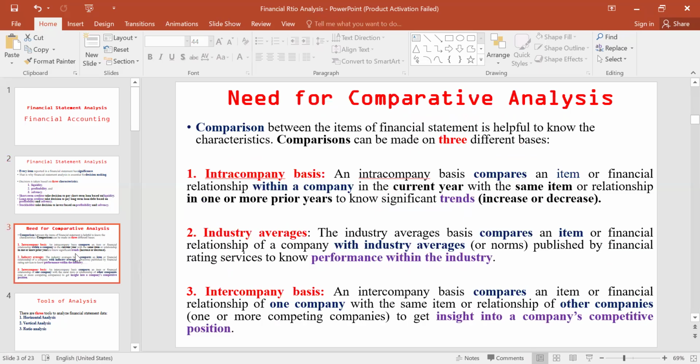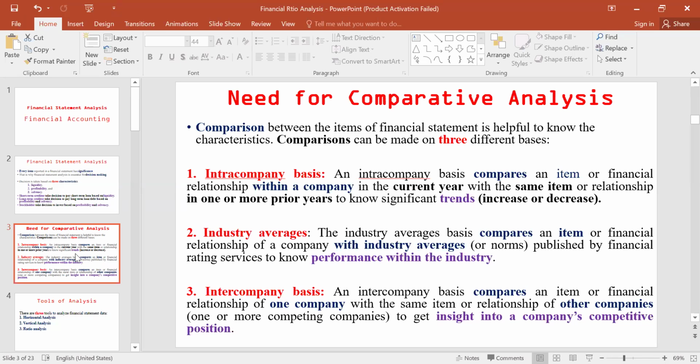To discuss the liquidity, profitability, and solvency analysis, you first have to know comparative analysis. This analysis may be on an intercompany basis or an industry average basis. Intracompany basis means within a company: current year, previous year, or future year.